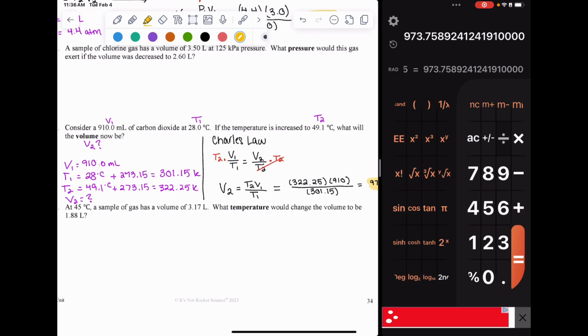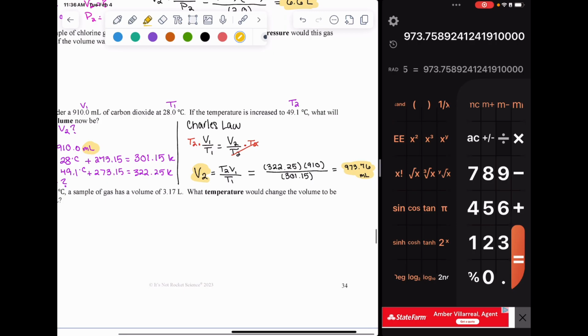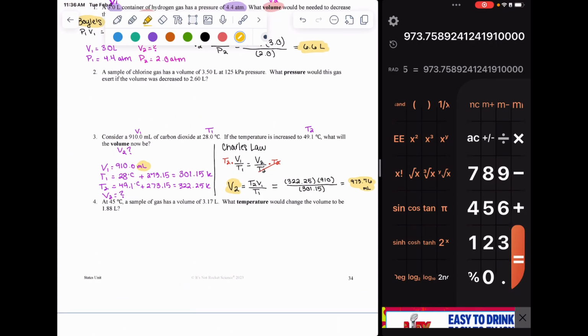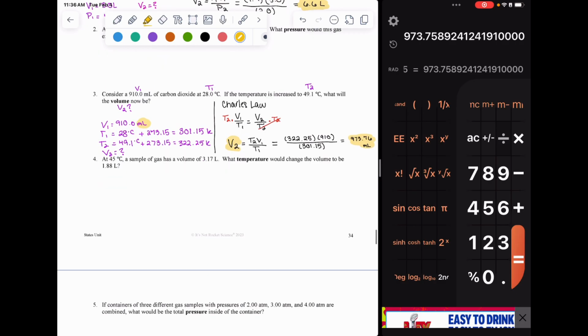The first volume was in milliliters, which means volume 2 has to be in milliliters as well. Anyways, that's how we do the first couple of problems. Let's go on to number 5.